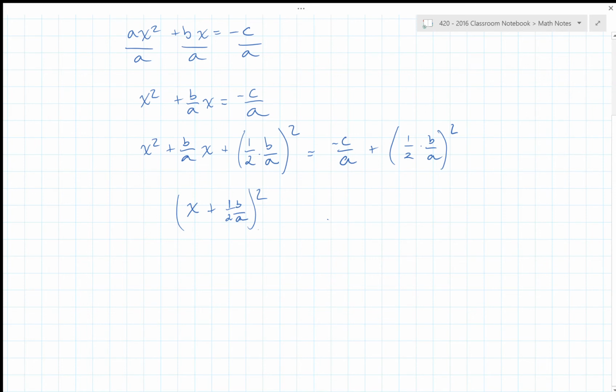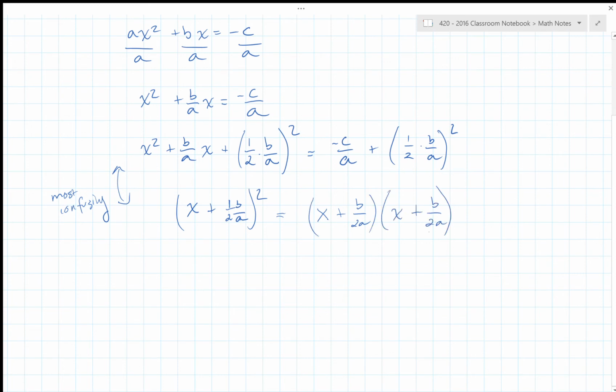Now, if you're a little confused by this, I actually think this is the most confusing step in the process of deriving the quadratic formula by completing the square. Let's think about FOIL just a little bit. This expression is equal to x plus b over 2a times x plus b over 2a.